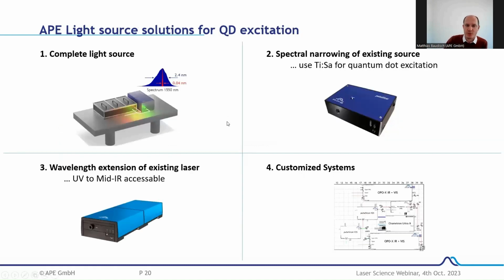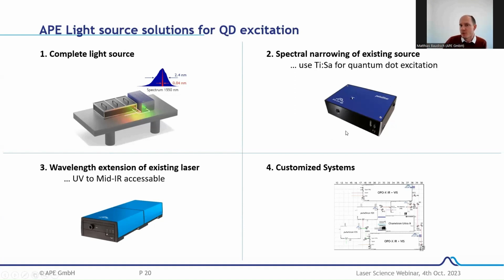So to maybe shortly summarize this part, in order to excite quantum dot structures for single photon excitation or single photon generation, you can use complete sources where you get essentially the laser, all that kind of thing together, all optimized.